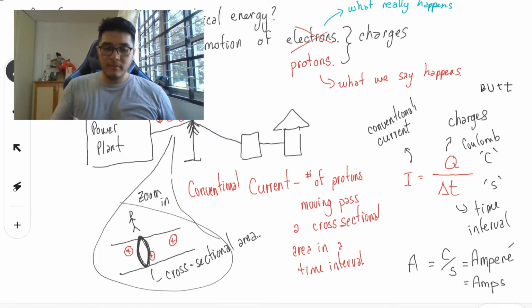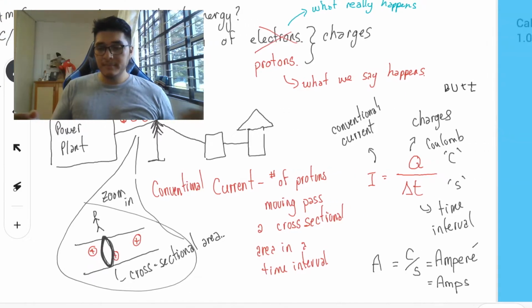So 6 amps will be 6 coulombs per second. So amps is just the unit of measurement. So 6 amps is 6 coulombs going through the cross-sectional area in 1 second of time. If you say 12 amps, then you have 12 coulombs per second.